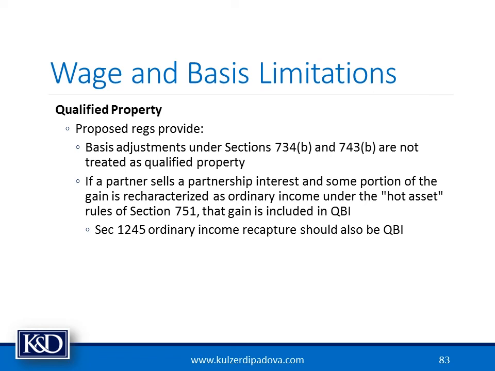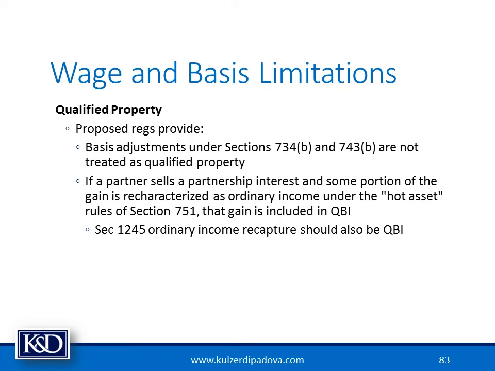Then there was also a question on hot assets. Hot assets are certain types of property that when sold, when a partnership interest is sold, the income attributable to those hot assets, like inventory and receivables, is treated as ordinary income as opposed to capital gain.